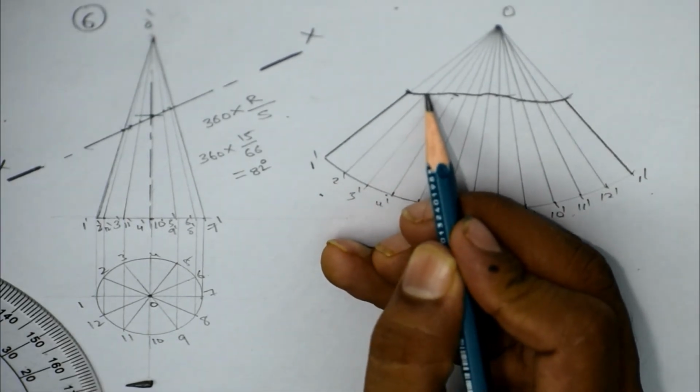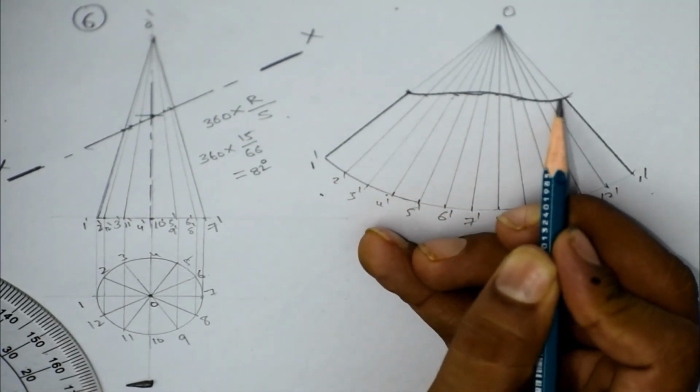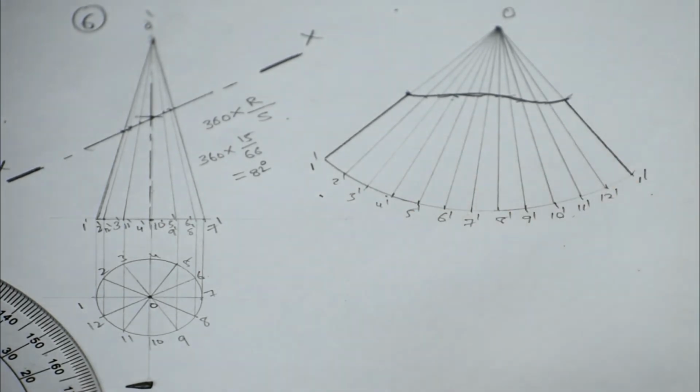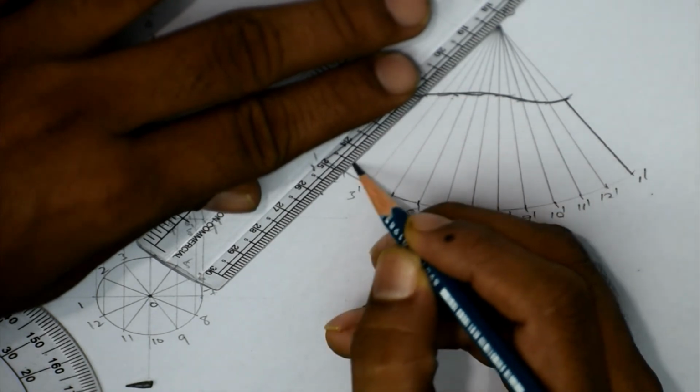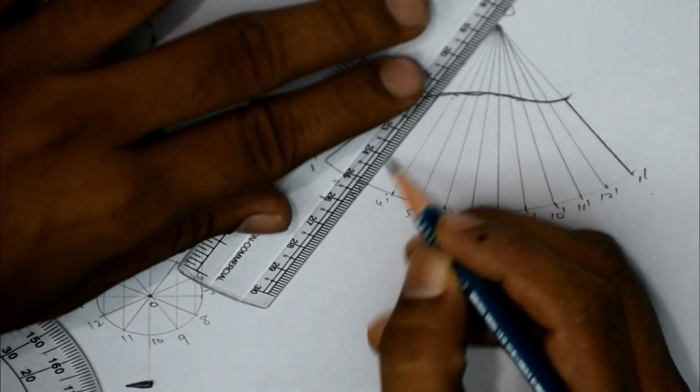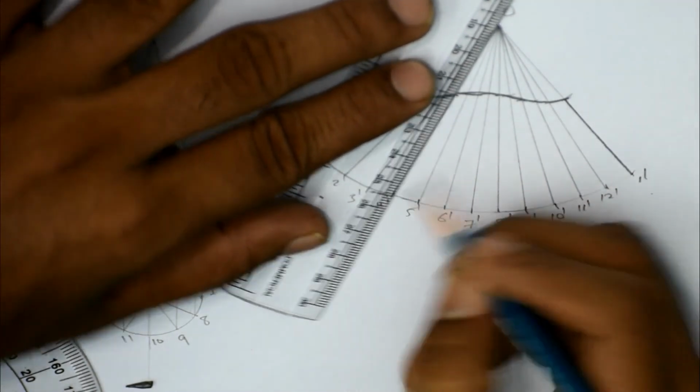So, we'll get a smooth curve in this fashion, and we will get all the generators because we have taken them as dual generators. We can darken them.